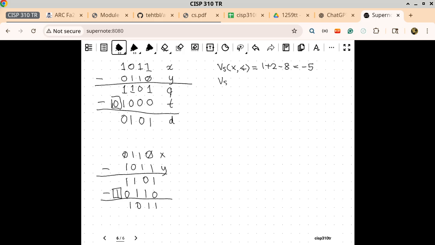So what about Y? Y is a little bit easier, okay? Because we don't have a 1 at the most significant digit. So this one is really just the same as before, which is 2 plus 4, which is a 6, okay? So now we look at the sign bit, okay? This is our sign bit over here. You go like, it's not working, because negative 5 is in fact less than 6, but the sign of the difference is a 0 and it's not matching the description.